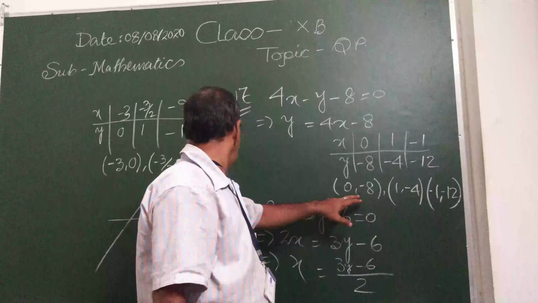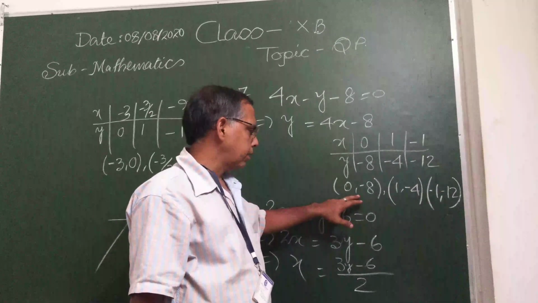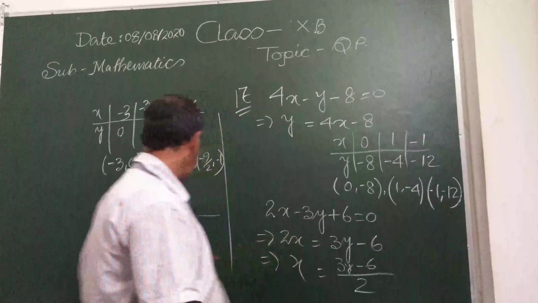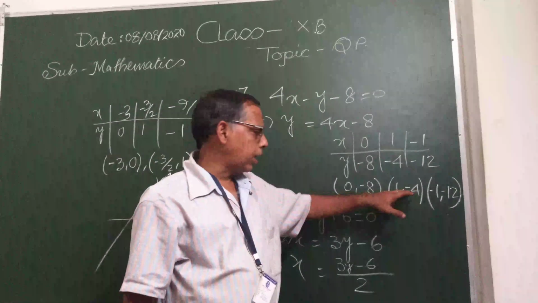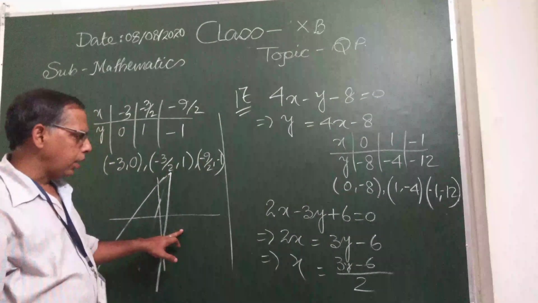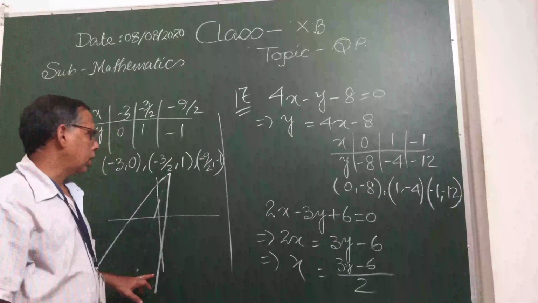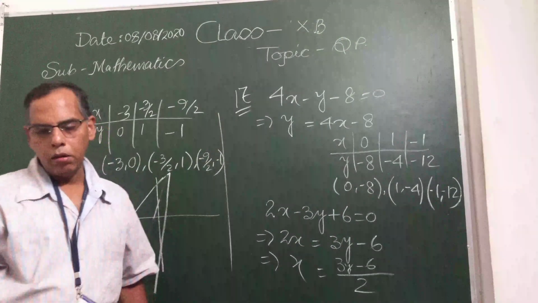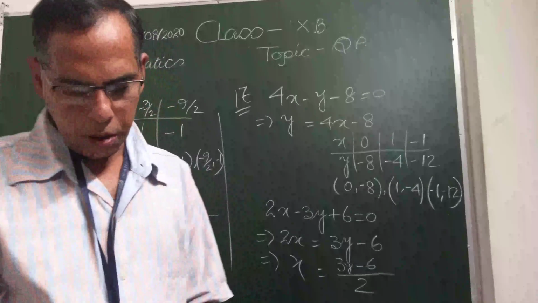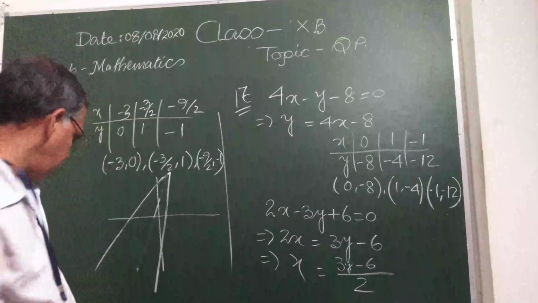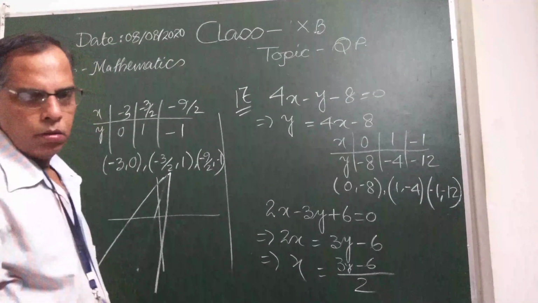This is on y-axis. Yes or not? Negative. This is in the fourth quadrant, and this is in the third quadrant. So that way triangle will form, and you find out the remaining calculation. Okay. So this is the next one.